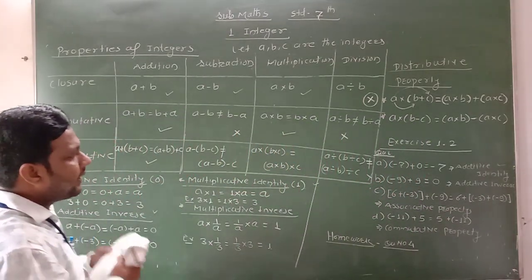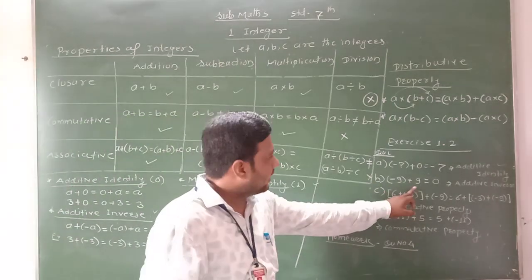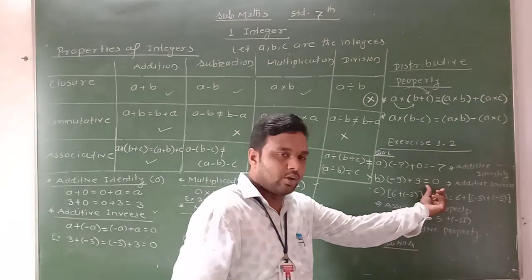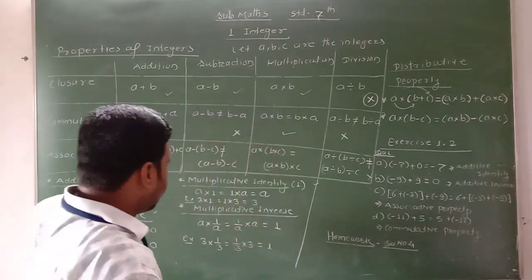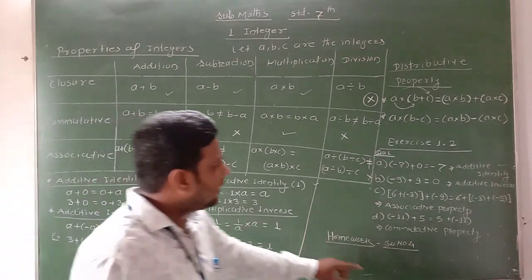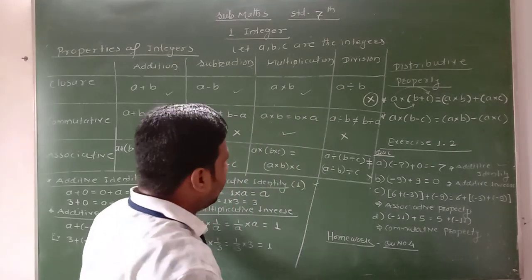Now second example is given, b, minus 9 plus 9 is equal to 0. Now the sum of these two integers is equal to 0. Then which property is it? Sum of two integers is equal to 0. This is the additive inverse.